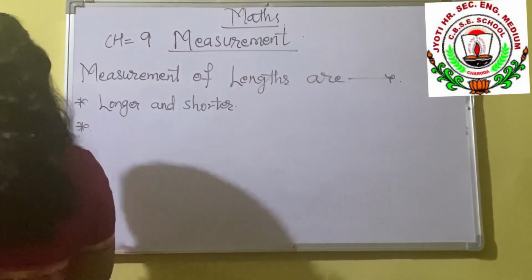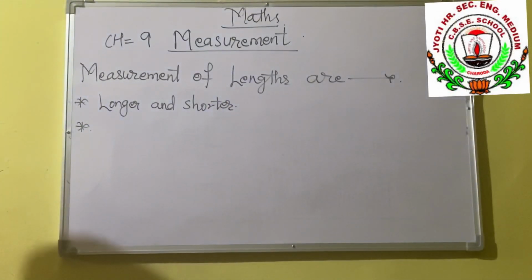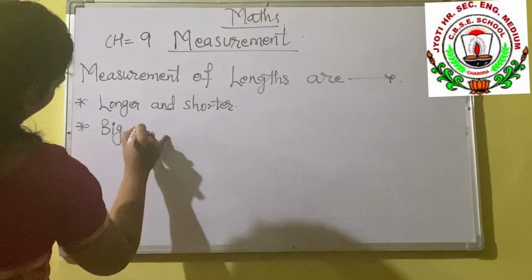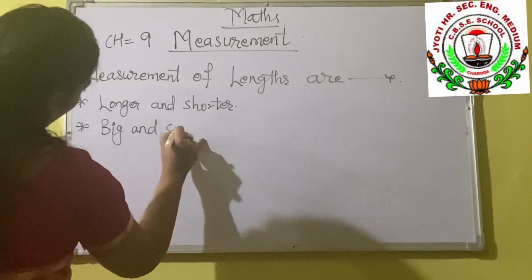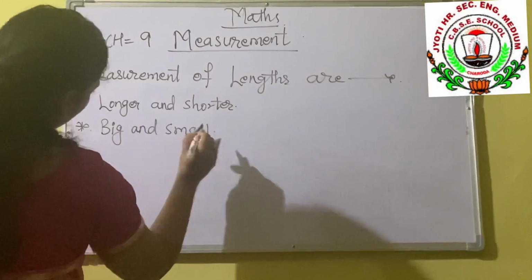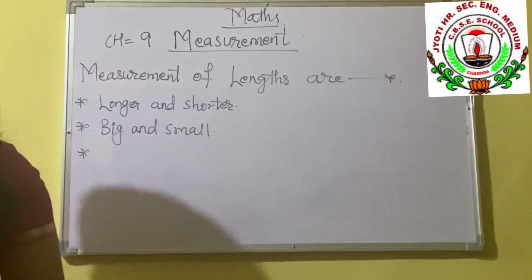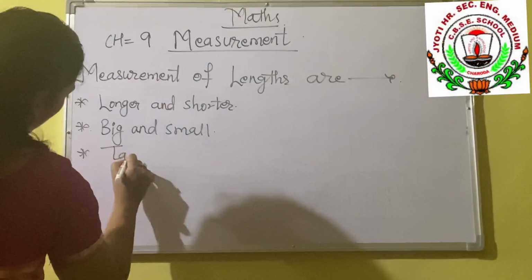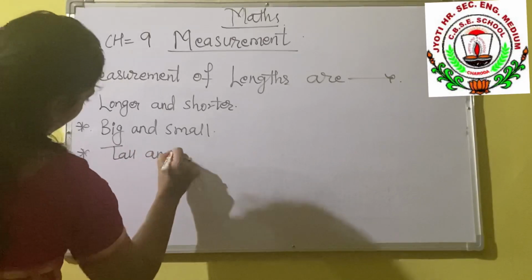Second one is big and small. Third one is tall and short.